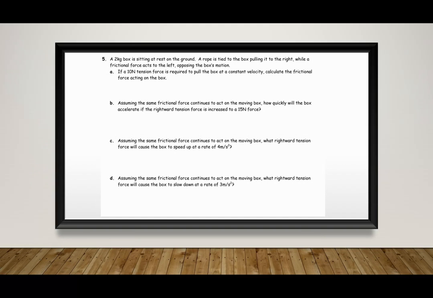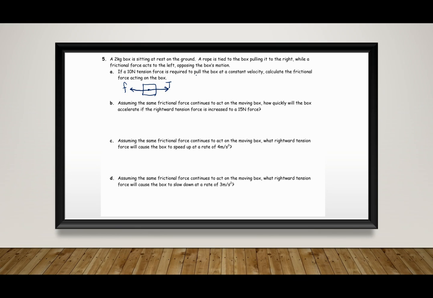So if a 10 Newton tension force is required to pull the box at a constant velocity, calculate the frictional force. We have our force of tension, and then we have frictional force going the opposite way. Okay? And my free body diagram is going to be the same for every single one of these problems.